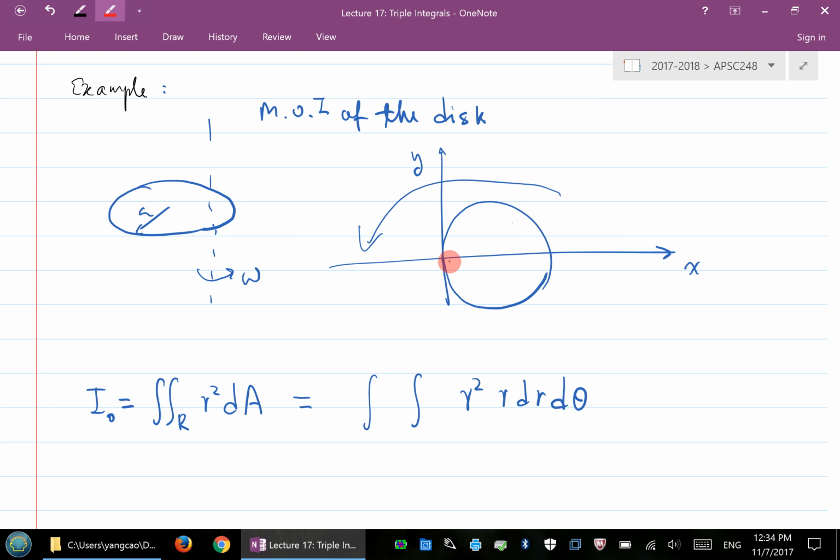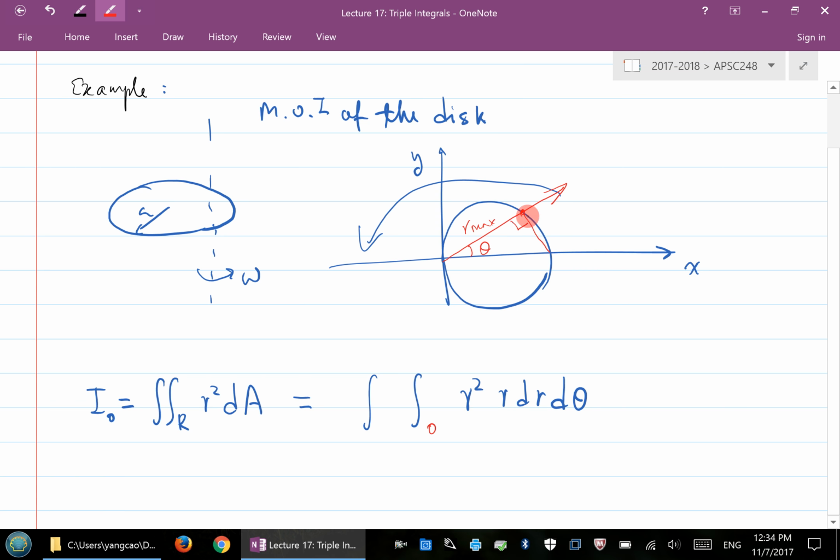For the limits for r, you draw a ray out of the origin. First contact gives you the r min. Second contact gives you the r max. So this is the r max here. We find this r max using geometry for this right triangle.